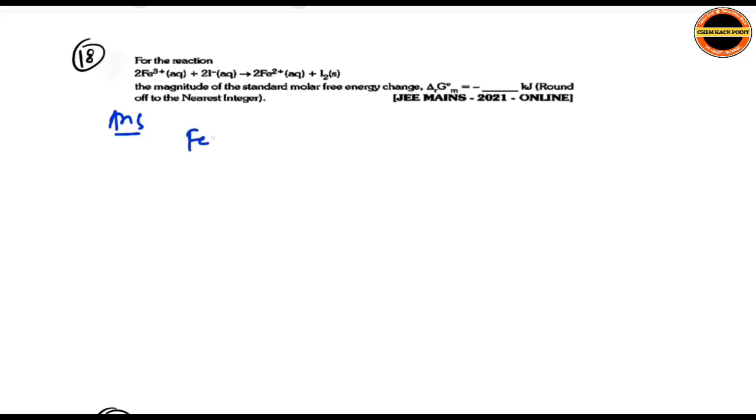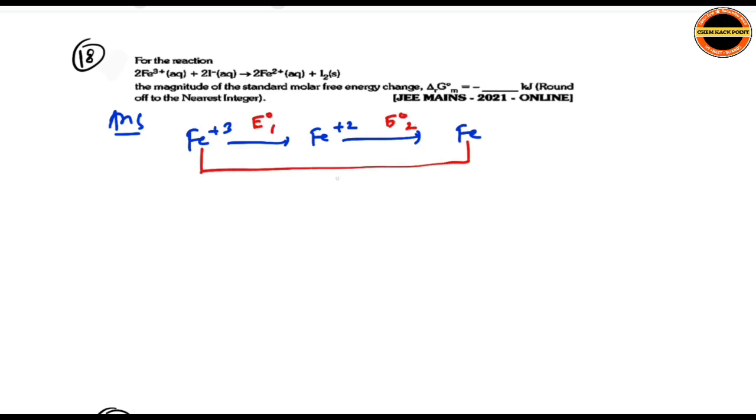So here we know Fe plus 3 gives Fe plus 2, which gives Fe. For the reaction, the magnitude of the standard molar free energy change delta G naught is equal to dash, they mentioned. Here if I take it as E01, here E02, from here to here I can take it as E03.